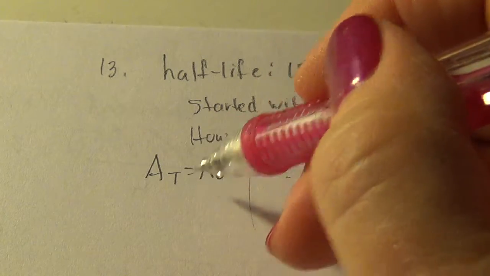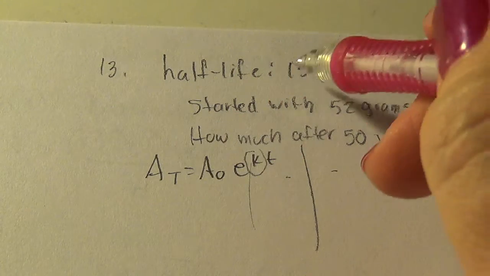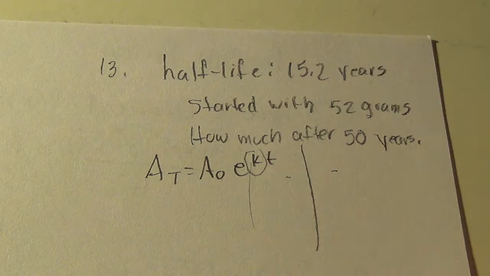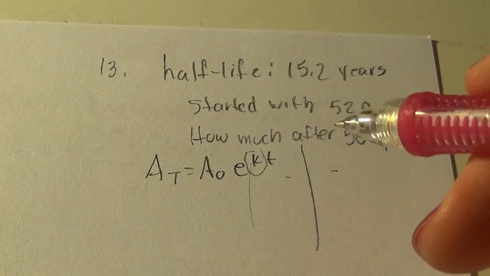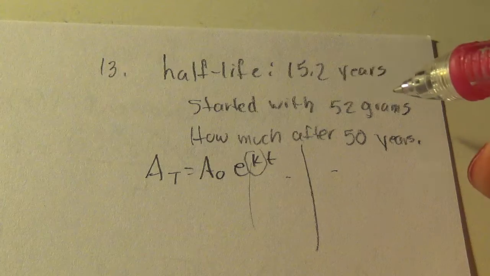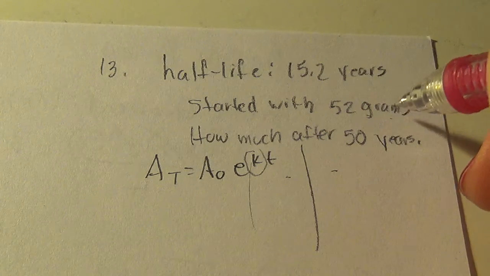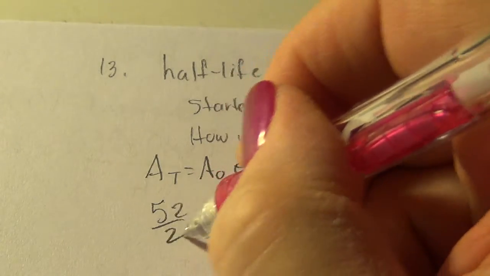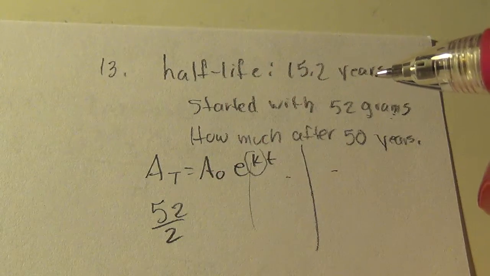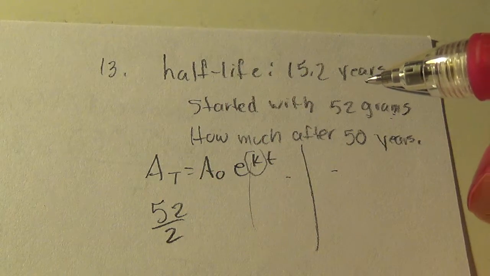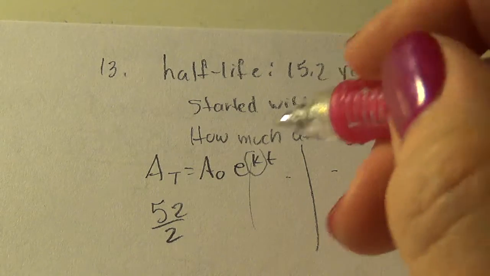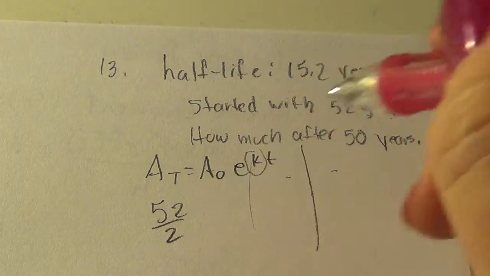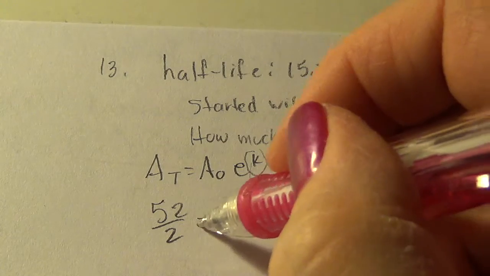So the amount in 15.2 years is half of 52. 52 divided by 2 is, I think it's 26. So 52 divided by 2, that's what we're going to have.